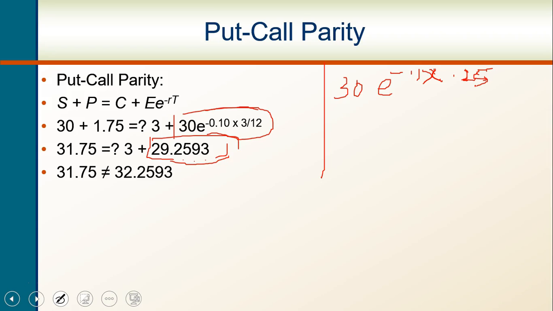The first thing that I'm doing is multiplying 0.1 by 0.25, and that gives me 0.025. But because I need to keep my exponent negative, I look at the last row of my Texas Instruments BA II Plus calculator, where I see a plus-minus sign. I press that so that the display changes to minus 0.025, and then I press the second function key, which is the yellow button in the first column of your keys, and then the button which says ln, and the following value is returned to me, 0.9753.